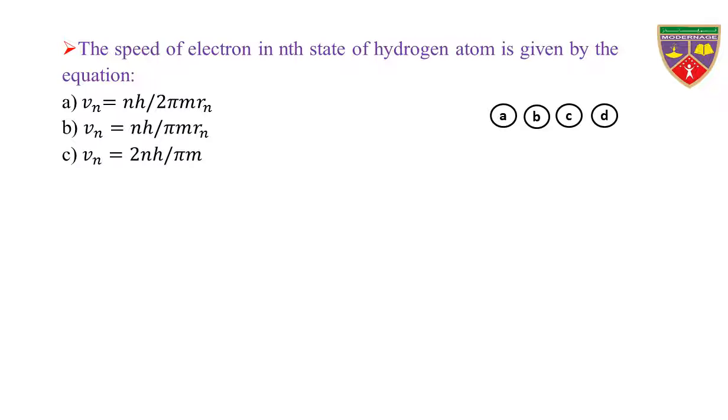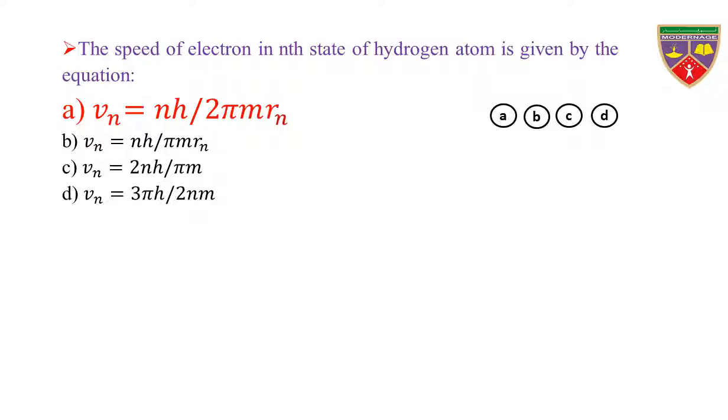Option C, Vn is equal to 2nh divided by pi m. Option D, Vn is equal to 3 pi h divided by 2 nm. The key is Vn is equal to nh divided by 2 pi m rn. Therefore, the correct option is A.